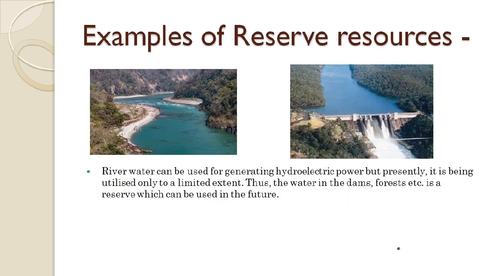Let's move on to see some examples of reserve resources as well, so that you do not have any doubt regarding the difference between stock resources and reserve resources. See students, let us consider river water. You know that river water can be used for generating hydroelectric power, but presently it is being utilized only to a limited extent.